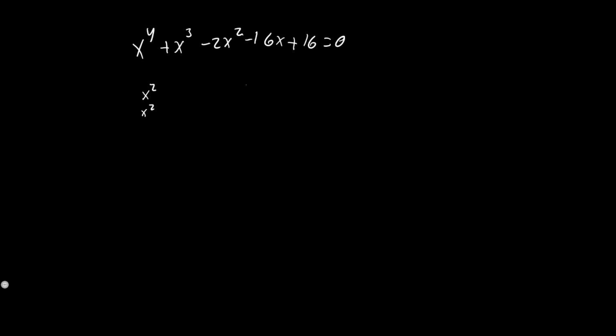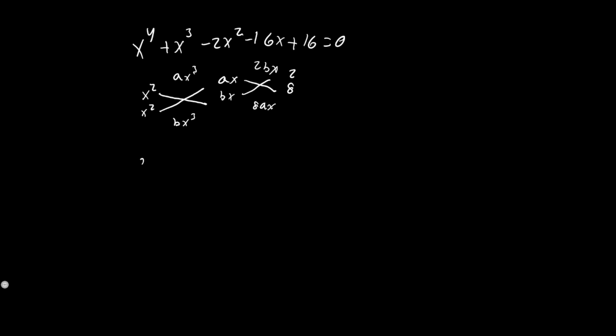And we're going to have ax and bx, and we're going to have 2 times 8. So here we are going to have bx cubed and ax cubed, and 8ax and 2bx.